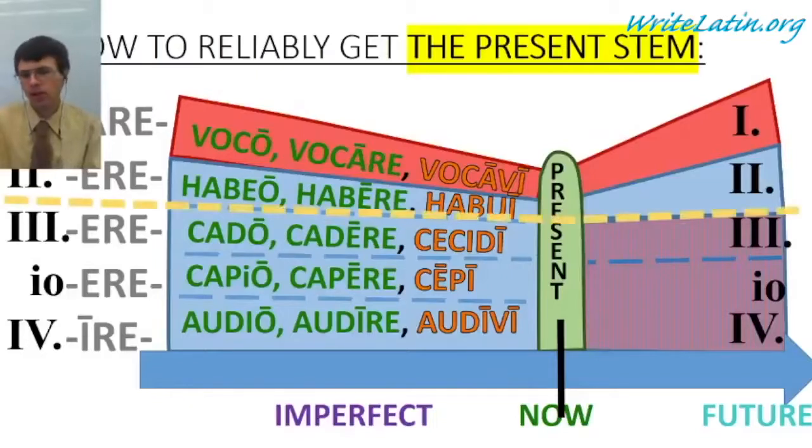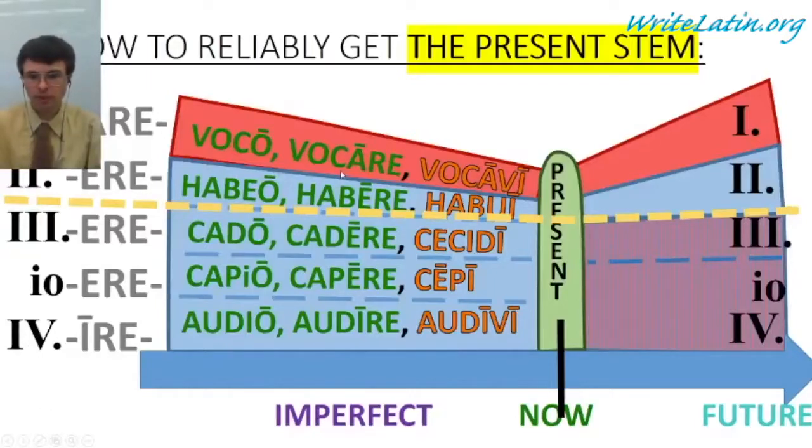What they would say is, okay, first divide the first two conjugations, which are, I call these not the first and second conjugation. I don't call them the third conjugation, the third IO conjugation, and the fourth conjugation, although most people call them that.